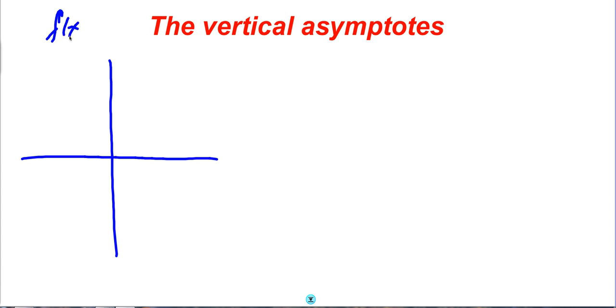So if we sketch the graph of 1 over x, for example, f of x equal 1 over x, we will have something like this. You can draw this on your calculator to see.